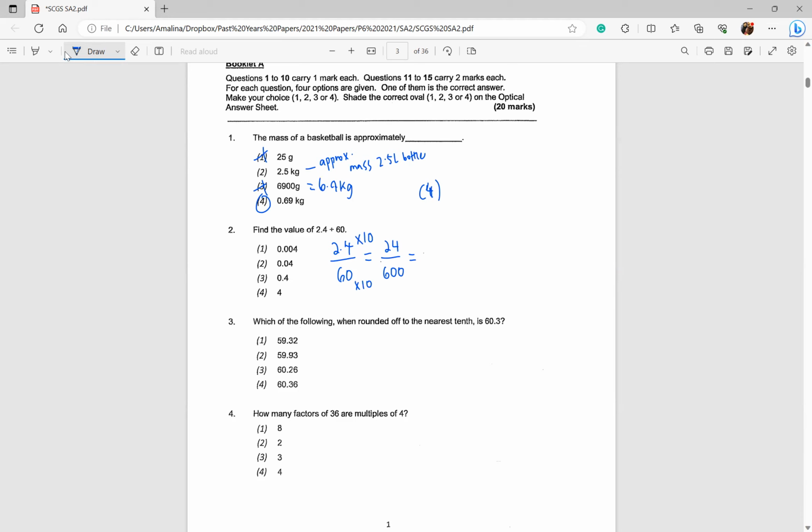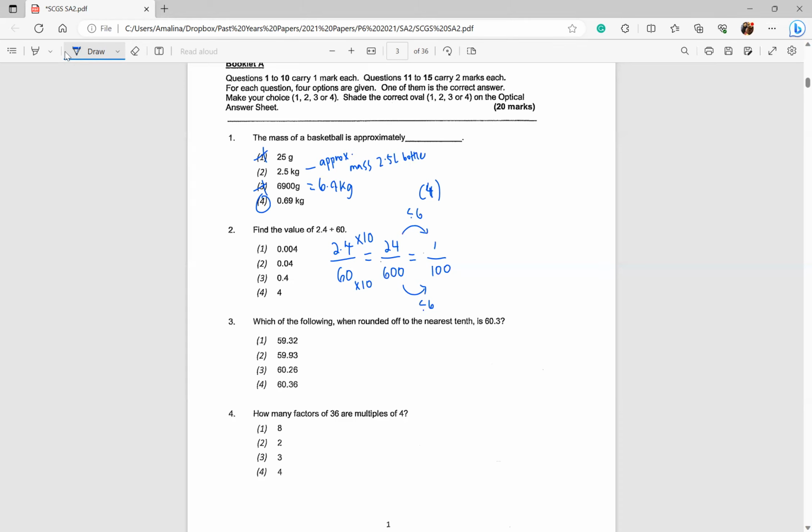Actually, if you look at the decimals, since the options are decimals, I know that my denominator must be either 10, 100 or 1,000. So straight away, if I want to make this become 100, I can divide this by 6, and I can also divide the numerator by 6.